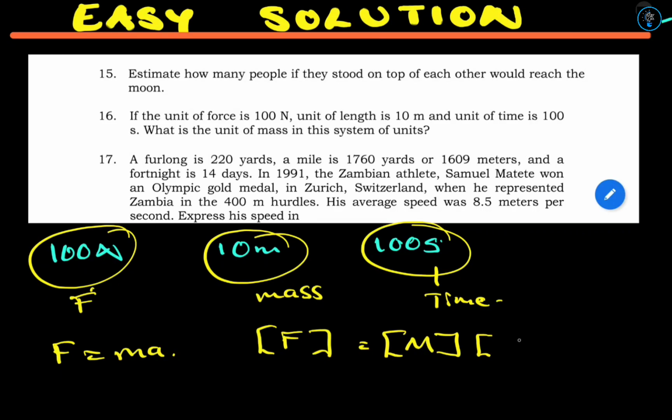Acceleration will be written as length per time squared, that is L T to the power negative 2. Then we're interested in knowing the dimension of mass, so let's make it the subject of the formula.